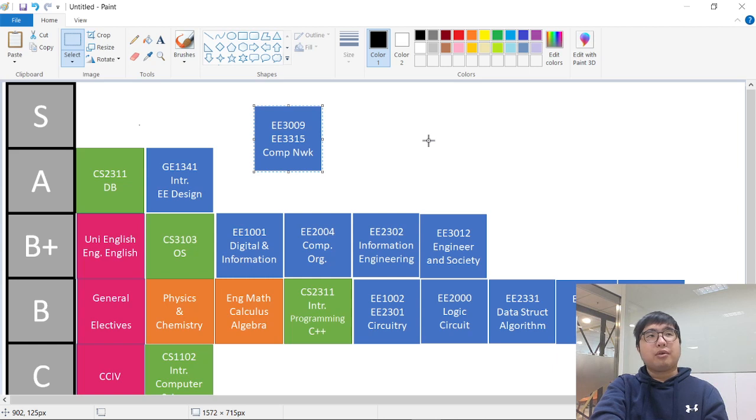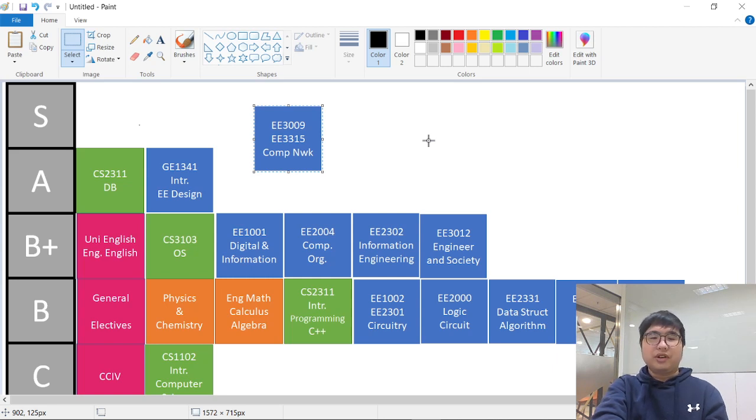This course was actually broken into two courses, because in 309 they teach about the bottom three layers of the OSI model, and in 3315 they teach about the rest of the layers in the OSI model. So they teach it from a bottom up approach, unlike the book they use, which is written in a top down approach. It's one of the most popular books when it comes to computer networks.